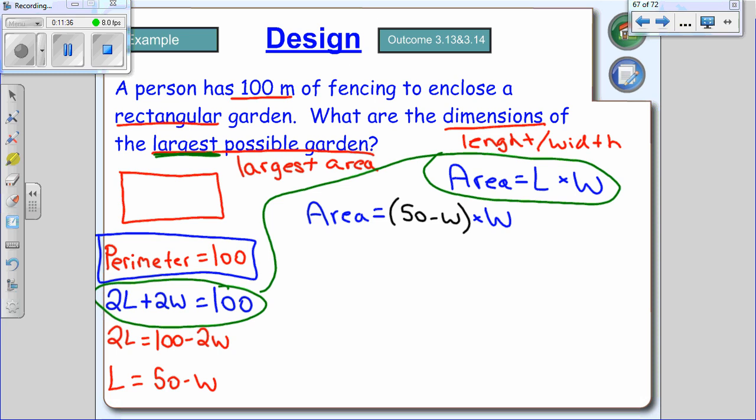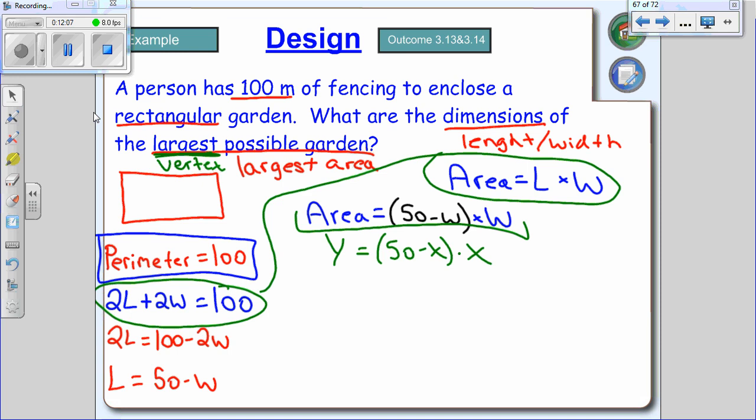You see it in your calculator. So if you see largest possible, or if you see maximum value, that's them saying find your vertex. So find the vertex of this equation, where area equals y and width equals x. And find your maximum. That'll tell you your maximum area and what width gives you that maximum.